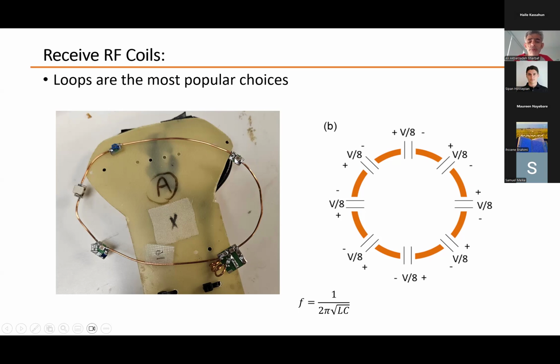For example, here we have a relatively small loop, with a diameter of around 8 centimeters, and we usually insert 5 capacitors.